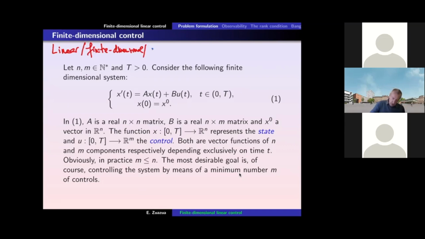The model is also deterministic, right? I didn't add any noise to the system. Of course, you could always argue that nature is more complex, that there is always noise, there are always uncertainties that you cannot really anticipate.